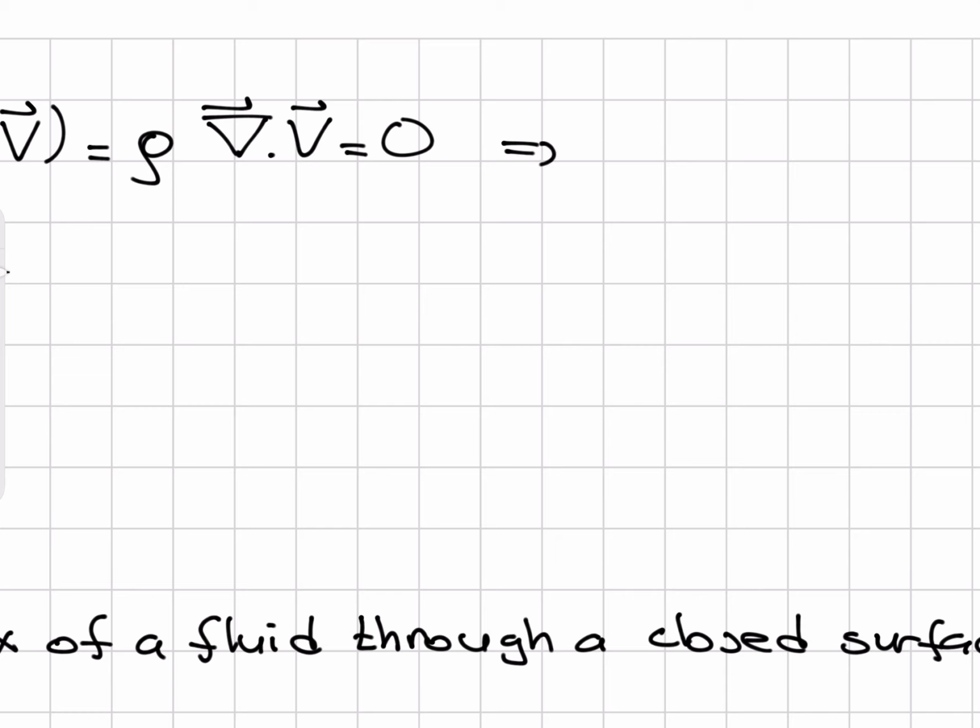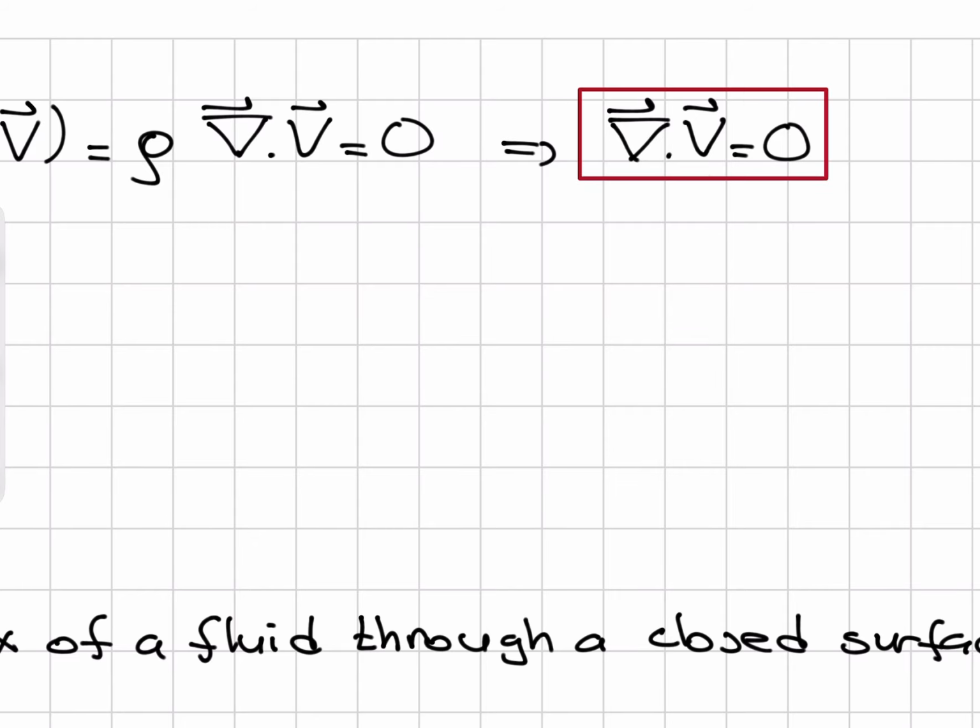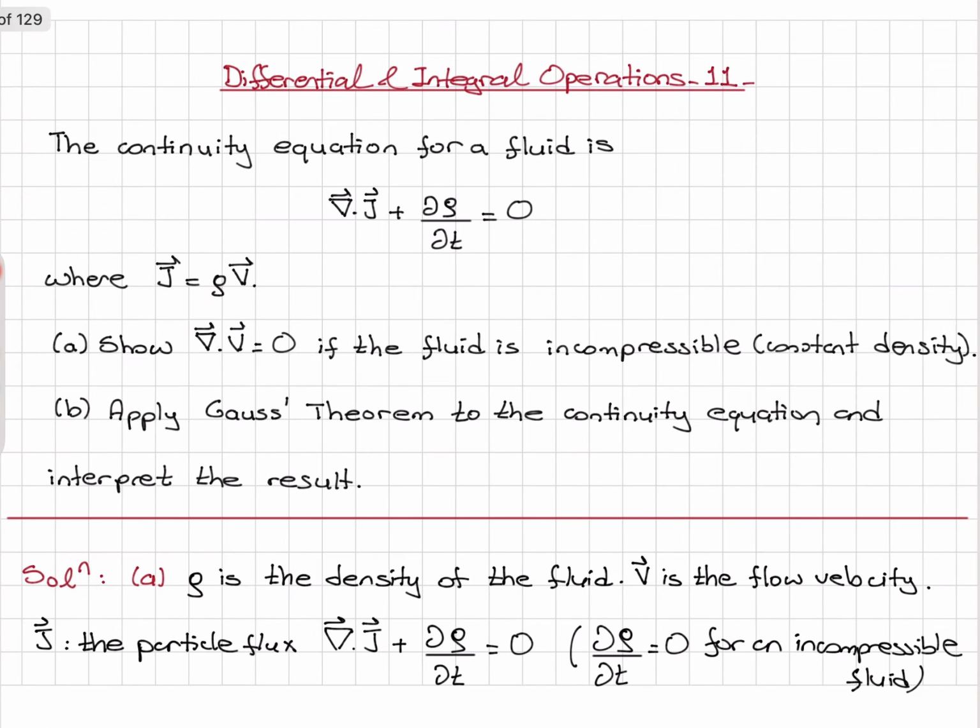Therefore, divergence of the flow velocity is 0. So that's the answer to part A. Show that the divergence of V is 0.